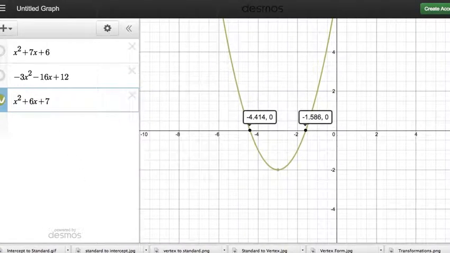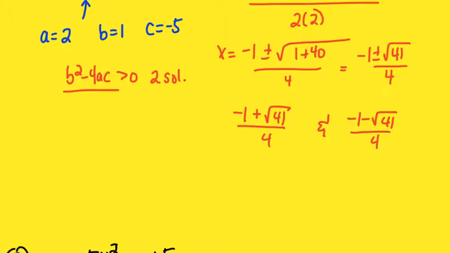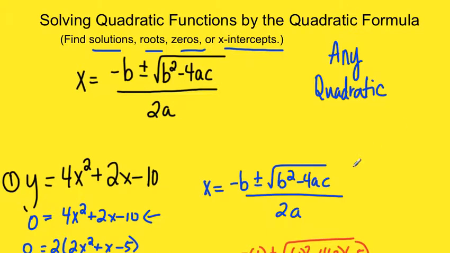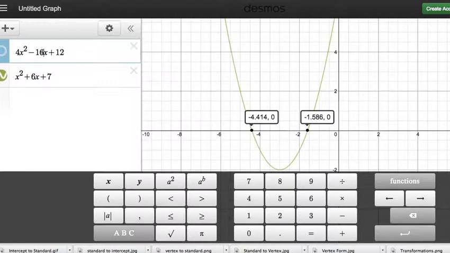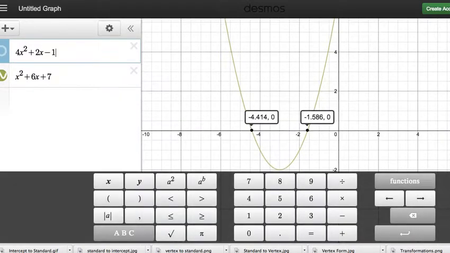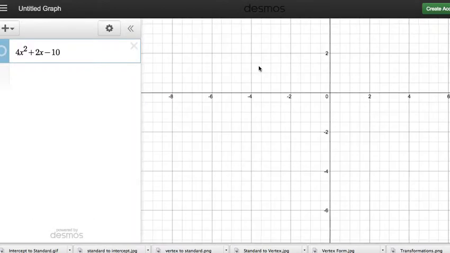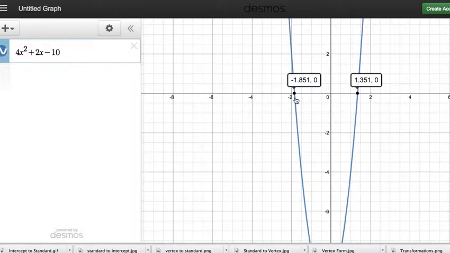Now if you graph those, go back to the original. See, I put the 2 back in there and do the function. Turn that on so it shows. So there's your x-intercepts.